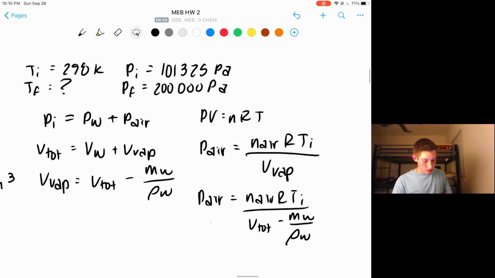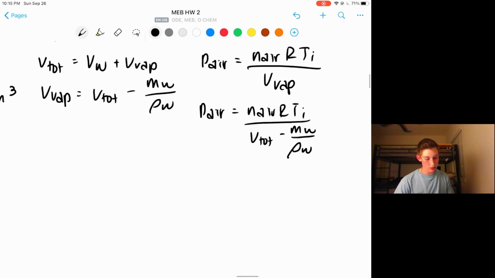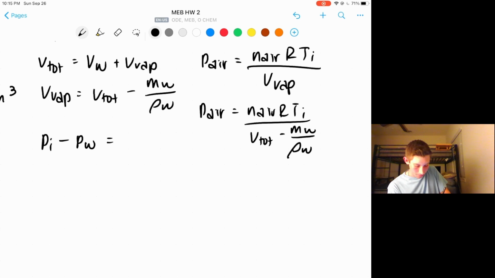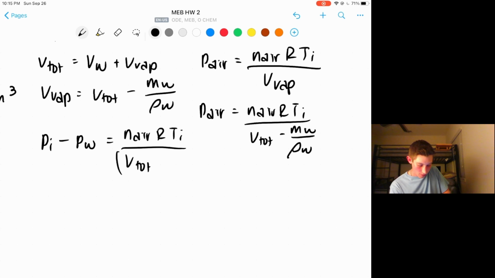And then we can put this equation into our partial pressures equation, because we need to find the moles of air now, because that's our only unknown. So our initial pressure minus the pressure of the water equals the moles of the air times our gas constant times our initial temperature divided by our total volume minus the volume of the water, which we use as substitution here.